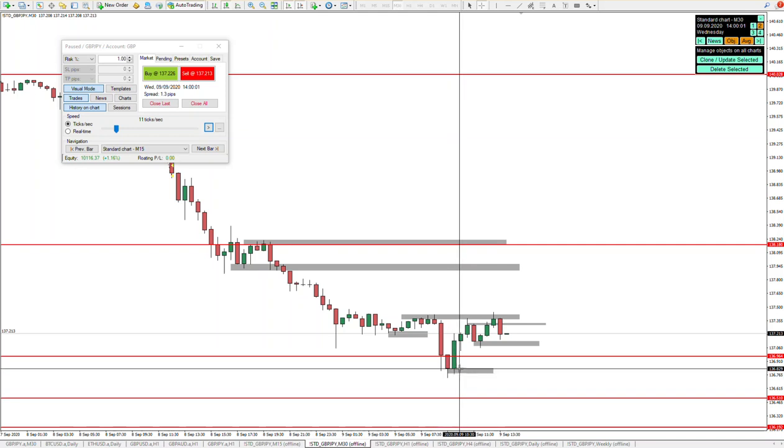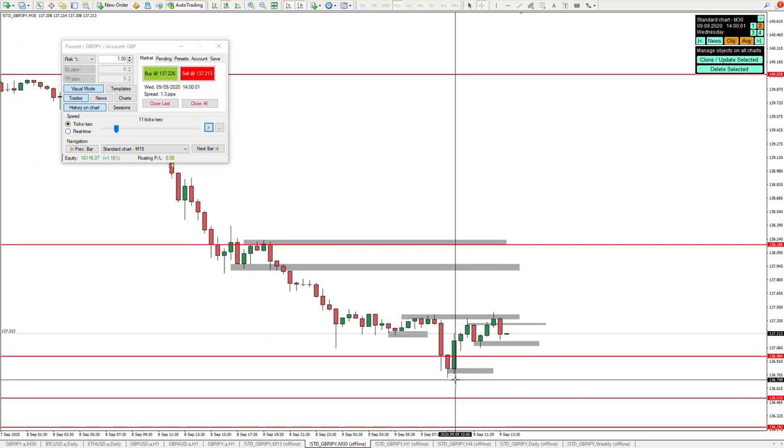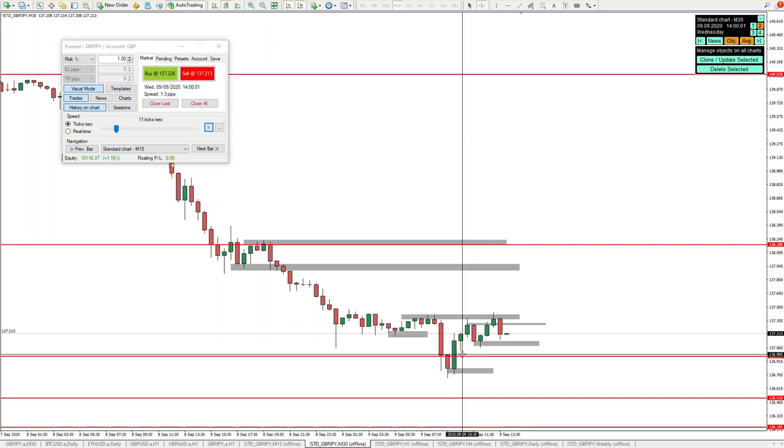It was London Open. That's a little bit of a pity. This candle was London Open. I feel like I could have bought right here, expecting London Open pushing to the support. Let me go back.